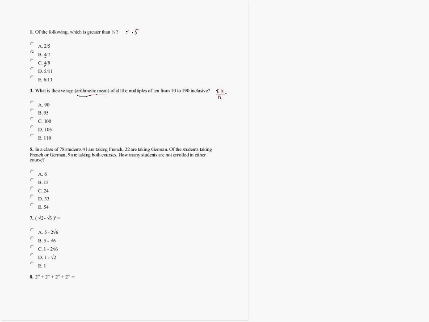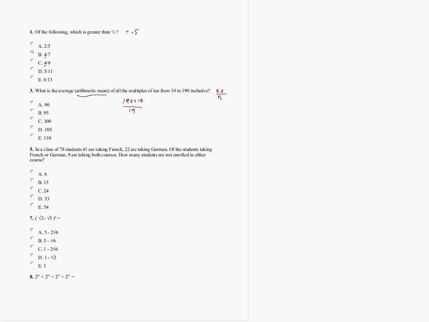Why are you multiplying it with 10? 19, sorry, and then divide by 10. Okay, sorry. You told me this, so can you tell me why you are multiplying with 10? Because it's the multiples of 10.